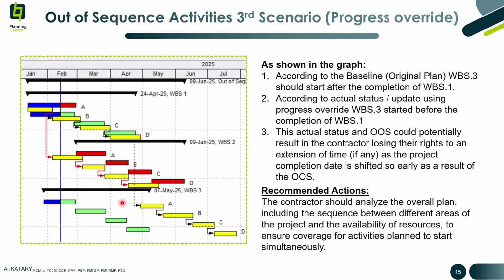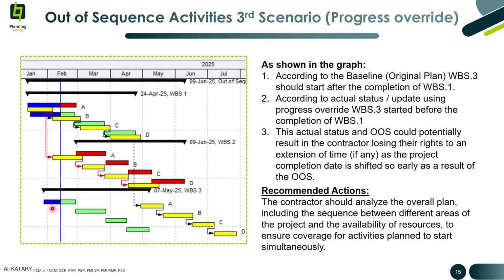But according to the actual status or update using progress override, WBS number 3 started before the completion of WBS number 1. That means there are out of sequence activities in WBS number 3.